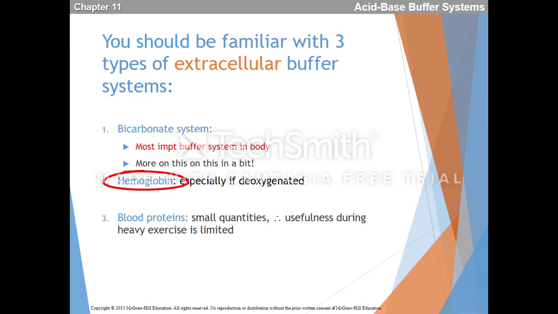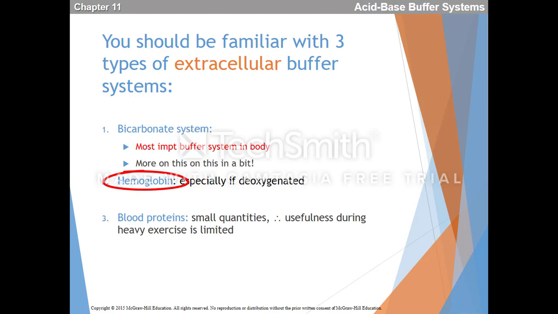So what's really interesting about hemoglobin is not only is hemoglobin able to transport oxygen through the blood, but deoxygenated hemoglobin in particular is able to transport hydrogen ions as well. So the blood is going to travel to the tissues, it's going to leave oxygen with the tissues, and then after it's dropped off the oxygen at the tissues, it's able to essentially pick up hydrogen and then carry that hydrogen up to the lungs where it can be expelled.